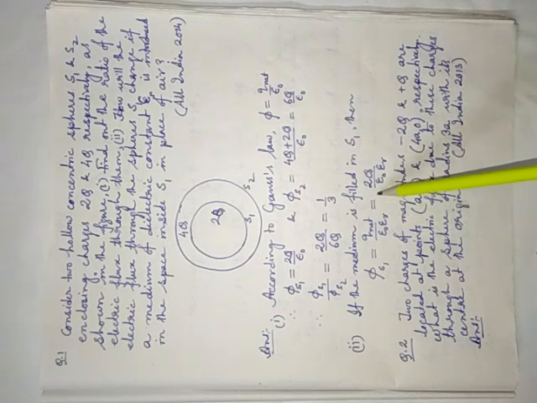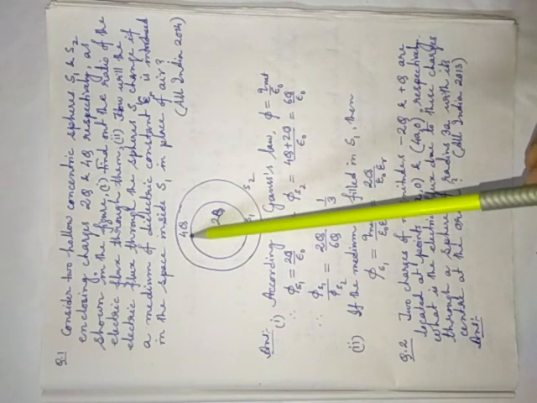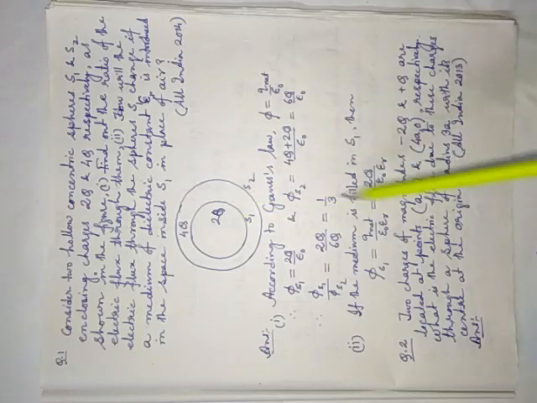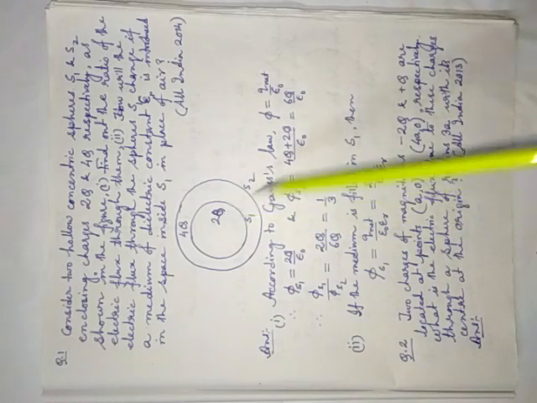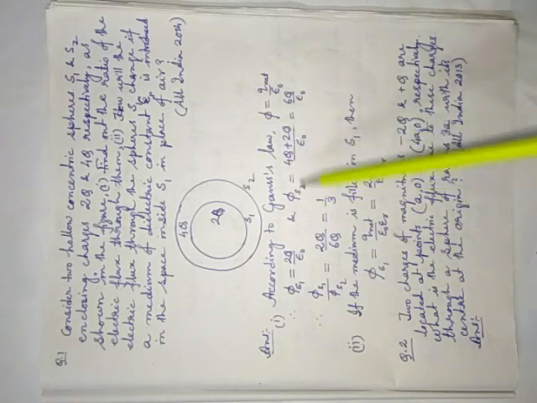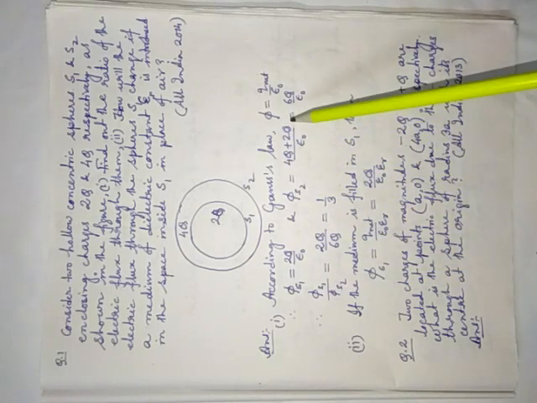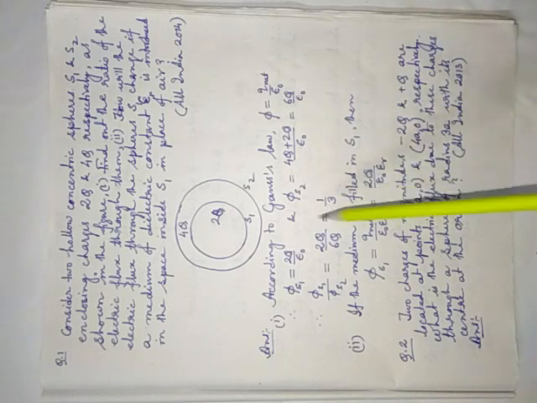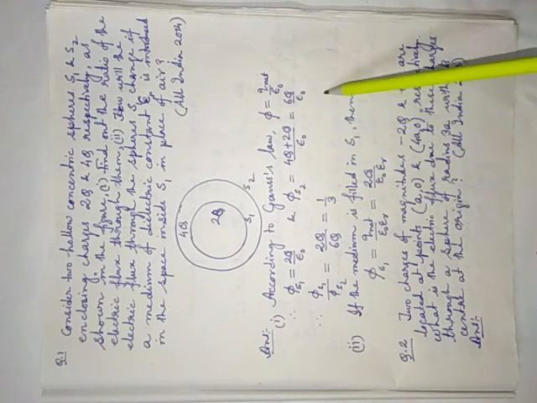So what is the new flux? Inside S1 the charge is twice q, so it is twice q by epsilon naught epsilon r. This type of question may come in any board, CBSE or Assam board also. These are simple questions and may come for 1 mark or 2 mark.